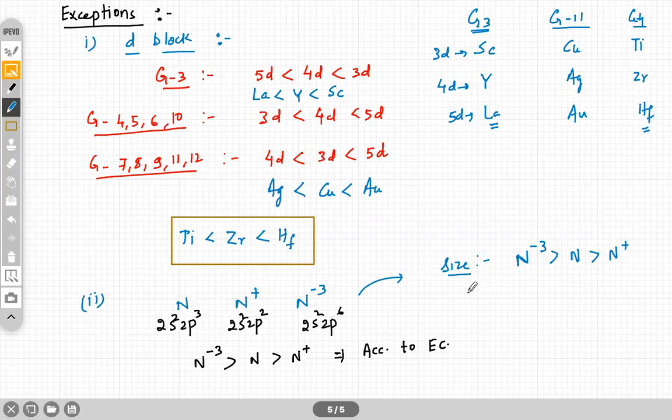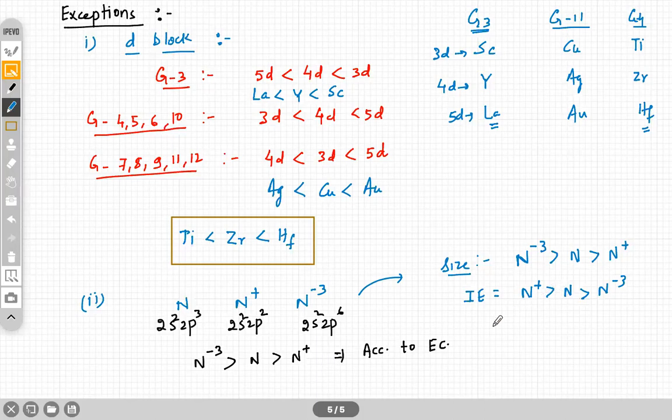So the ionization energy with respect to size, if you consider, it is maximum for N plus, then N, and then N3 minus. So you see, we are getting exactly opposite order over here.